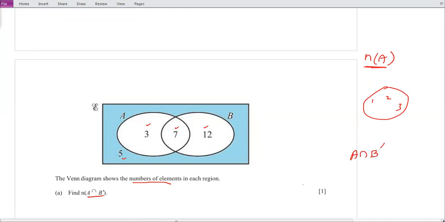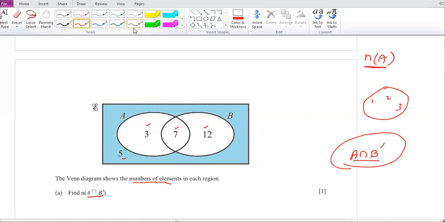For that, first try to shade this region. When you shade this region, finding the number of elements will not be difficult at all. So let's shade A intersection B complement. I told you in almost every question we will shade.